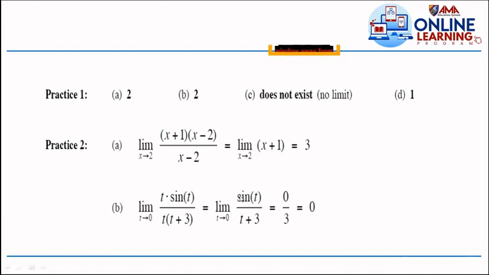What's left will be the limit of sine t all over t plus 3. By this time, your denominator is not equal to 0. We have 0 plus 3, we have 3. Although your numerator is 0, your denominator is not equal to 0, so it does not break the rules for the quotient rule. So 0 divided by 3, the answer is 0.